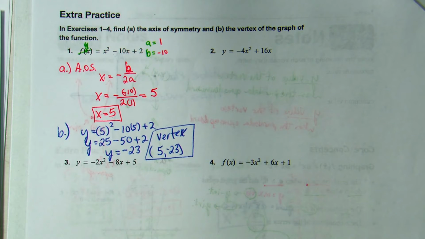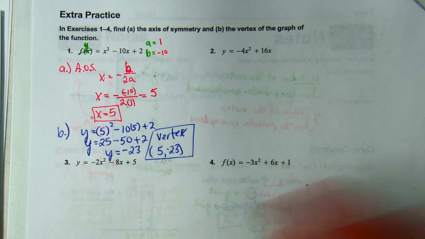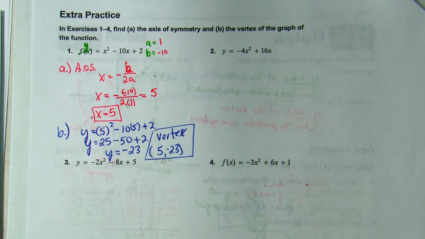All right, now that you know how to do it manually, let me show you how to do it on the calculator. As we mentioned before, the calculator is going to be your best friend when it comes to testing and checking your homework.